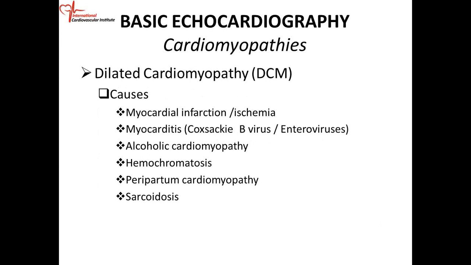As a result of that, the LV chambers dilate, and the ejection fraction is reduced. The same thing occurs when you have ischemia. Ischemia is decreased blood flow to the heart muscle. So if the heart muscle is not getting sufficient blood, it's going to thin and it's going to dilate. Myocardial infarction or ischemia.